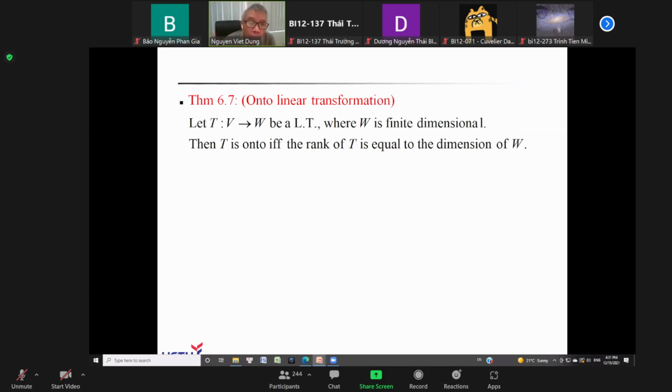Because the range must equal W, the dimension of the range equals the dimension of the codomain. So that is one criterion for you to verify if a linear transformation T is onto or not.